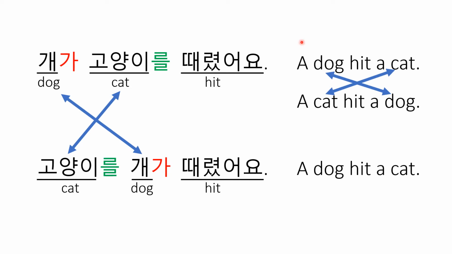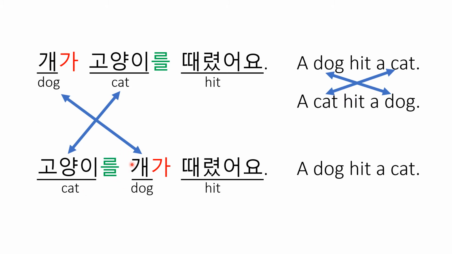In English, if a dog and a cat switch their places in the sentence a dog hit a cat, it becomes a cat hit a dog. They do not have the same meaning. But in Korean sentences, these two sentences have the same meaning.